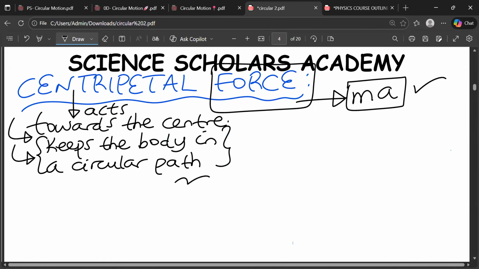Yeah, acting towards the center is what keeps the body in a circular path. And that doesn't remove the fact that the force is ma. Simple as that. But remember, we know what acceleration is.